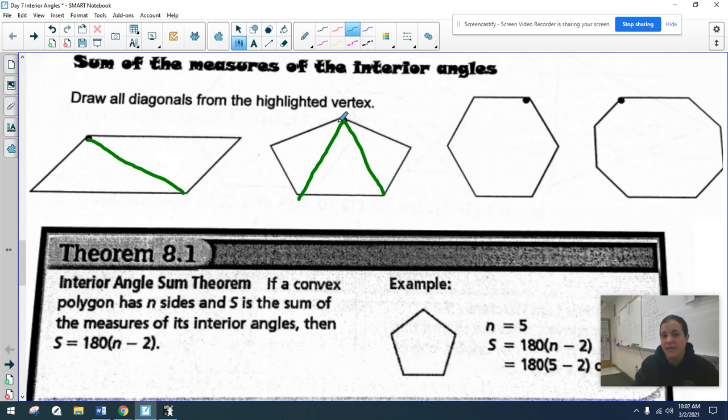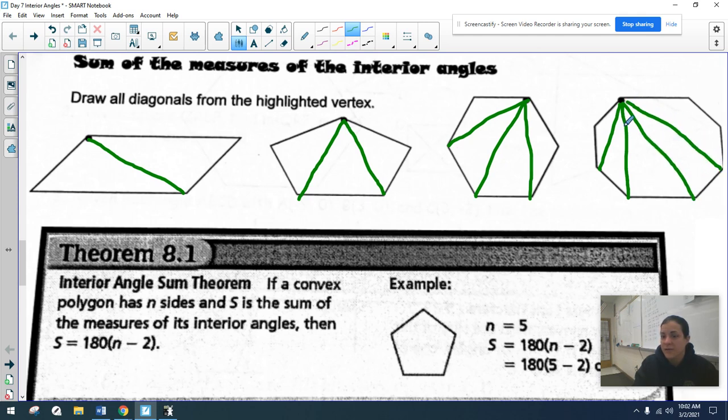It's already connected to this one and this one, so I don't have to do those. So 2 diagonals with that one. This one, connect to all my corners. This one has 3, and this one over here, if I connect to all my corners, this one has 5.